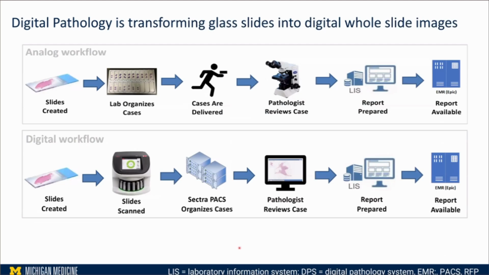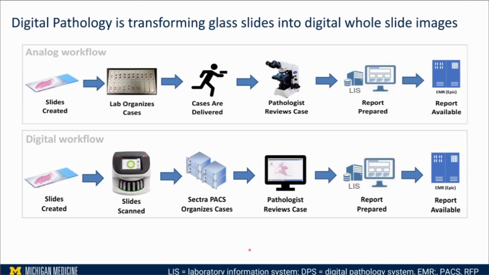So as you all know, digital pathology is transforming glass slides into digital whole slide images. We have still used this technology since the 1800s, the glass slide. The analog workflow, you're aware of it, has the glass slides organized in physical trays of 20 slides. You need personnel to deliver or distribute those physical assets.